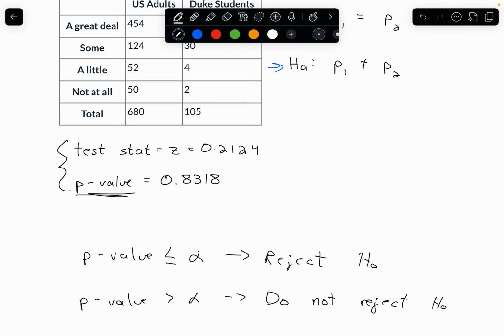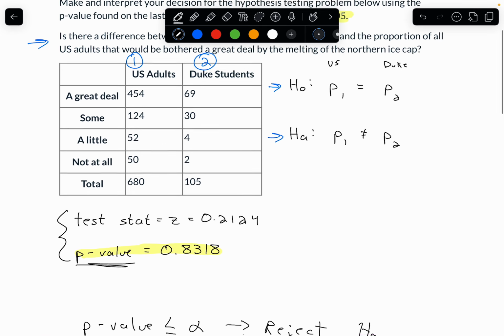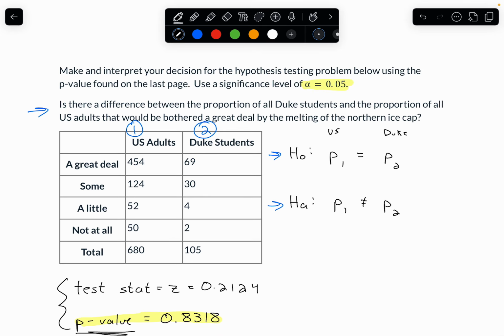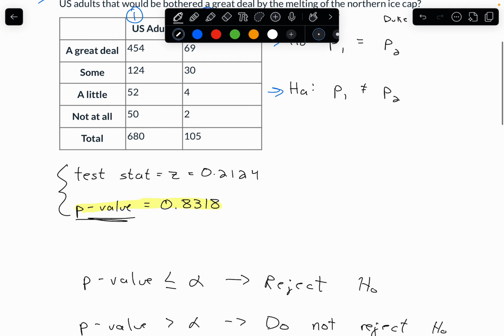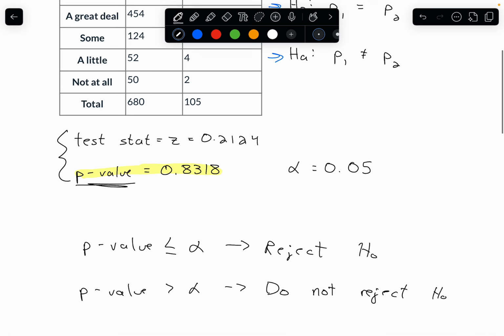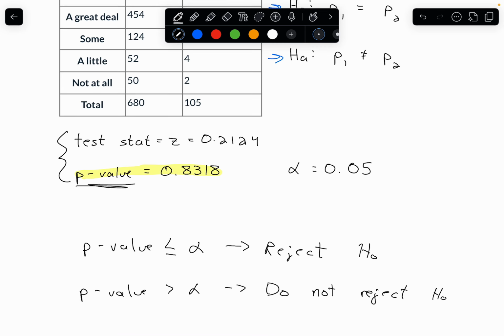So I'm going to compare my p-value that we said right here. This is one of the primary things I'm looking at. And then up above, I have the other one highlighted. We said alpha is 0.05. So first of all, my first question, is the p-value less than alpha? In this case, no, it is not.